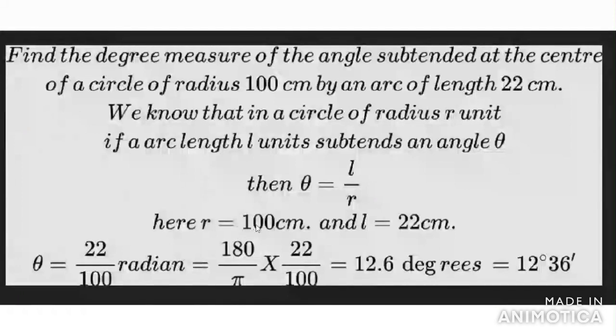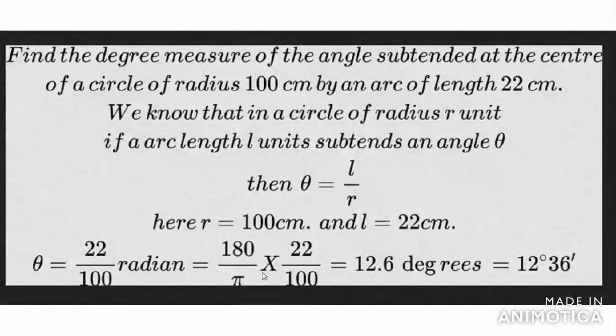You should know that if you apply the formula and get the value of theta, you will get it in terms of radian measure. Now the question is asked to find the angle in degree measure. That's why you have to convert this to degree measure. How to convert radian to degree? You have to multiply by 180 and divide by pi.